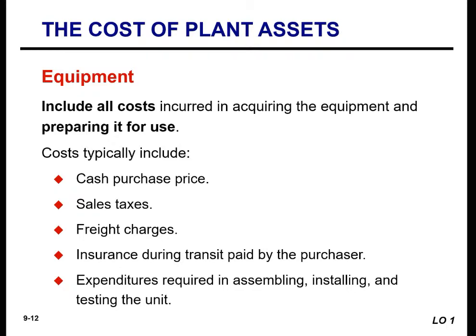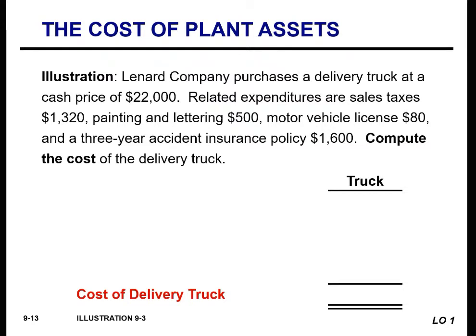So let's look at that a little bit more in depth with Leonard Company. Leonard Company purchases a delivery truck at a cash price of $22,000. Related expenditures are sales tax of $1,320, painting and lettering of $500, motor vehicle licenses of $80, and a 3-year accident insurance policy of $1,600. So they want us to compute the cost of the delivery truck.